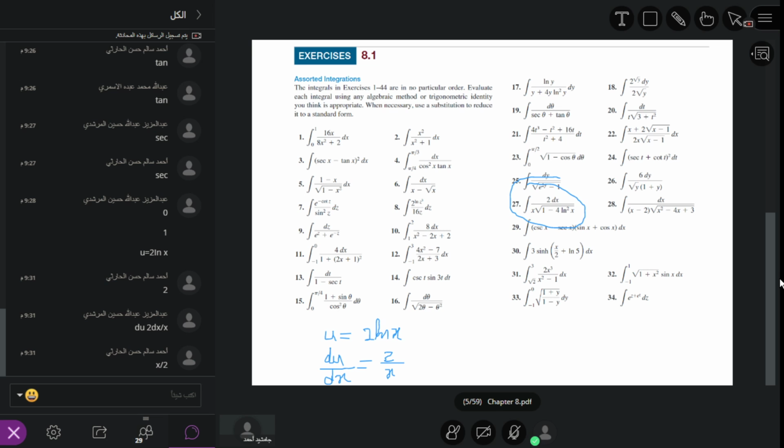Now here you can see 2 divided by x dx. If we shift dx to the other side, we get du equal to 2 over x dx.